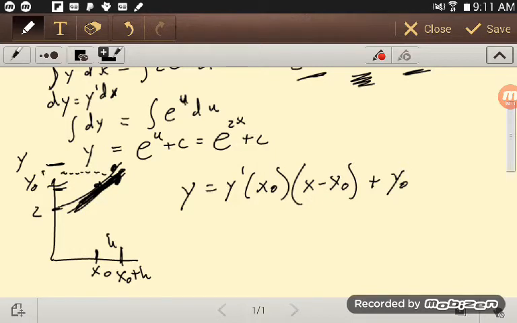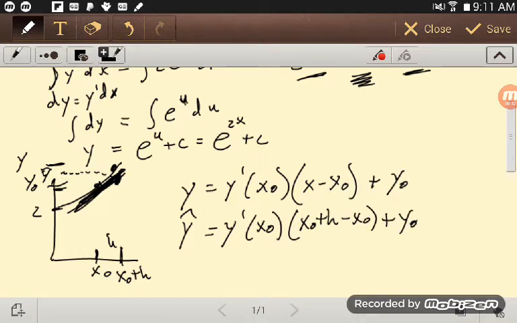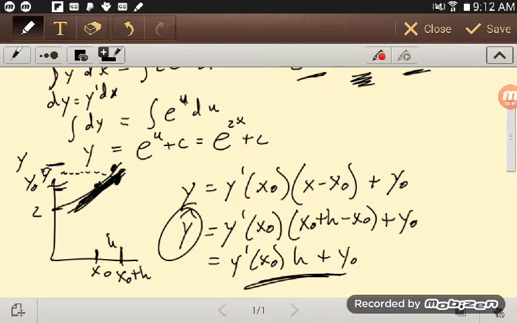So there's some y hat, say. My y hat approximation is going to be my y prime at x0 times, plugging in x0 plus h, my new x value, x0 plus h minus x0, plus y0. That reduces to y prime of x0 times h plus y0. So there's my approximation. Y hat is just that.